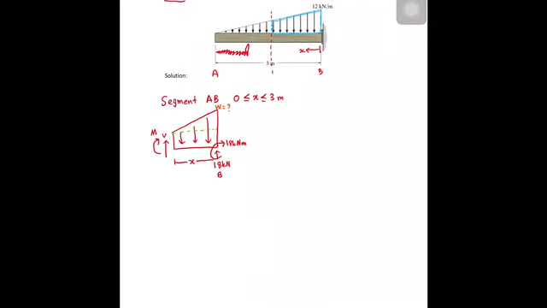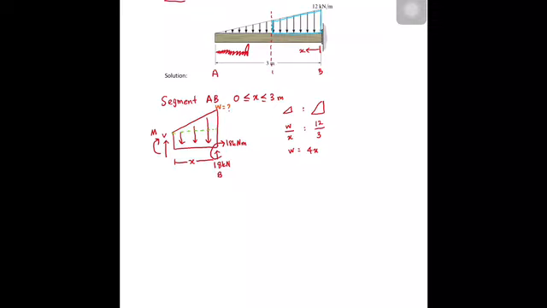To calculate your W, same as before, small triangle ratio to big triangle. For the small triangle, the magnitude is W and the distance is x. The big triangle, the magnitude is 12 with the distance of 3. Then you have W is equal to 4x.